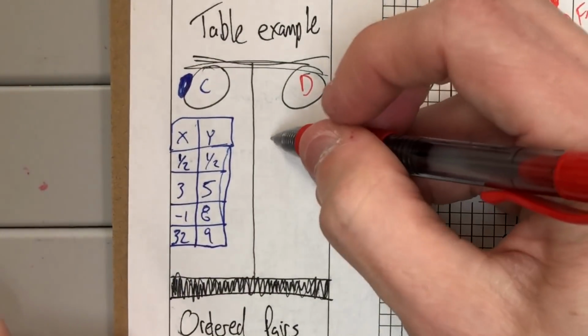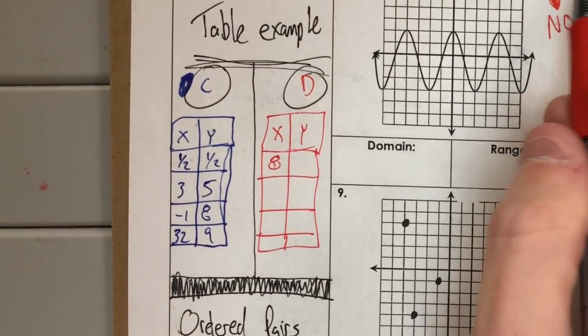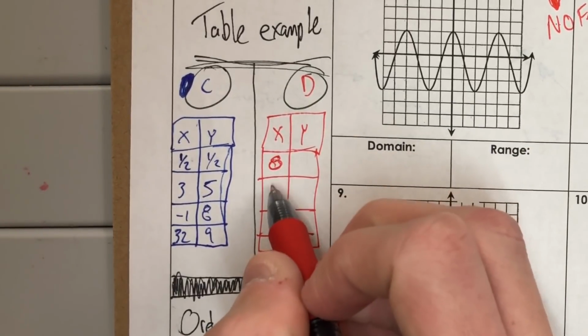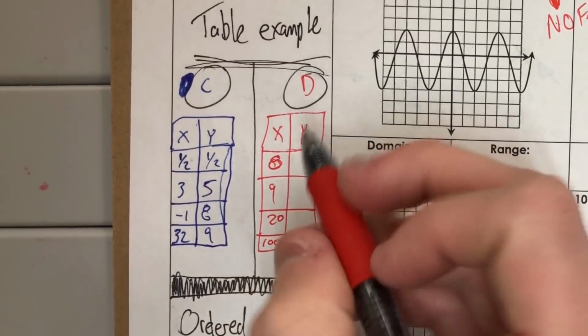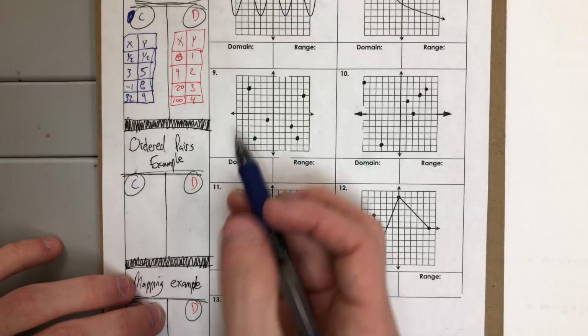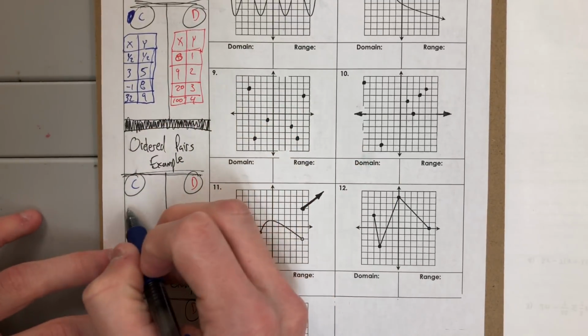So for discrete, go ahead and make an example of a discrete one. Discrete isn't just 1 through 6, it's just that we can't have a fraction here. So that's still discrete. For an ordered pair example, you could simply use this right here if you wanted to and write it out as an ordered pair.